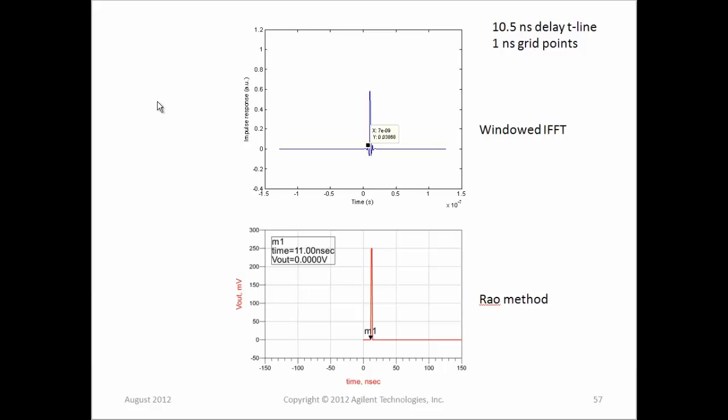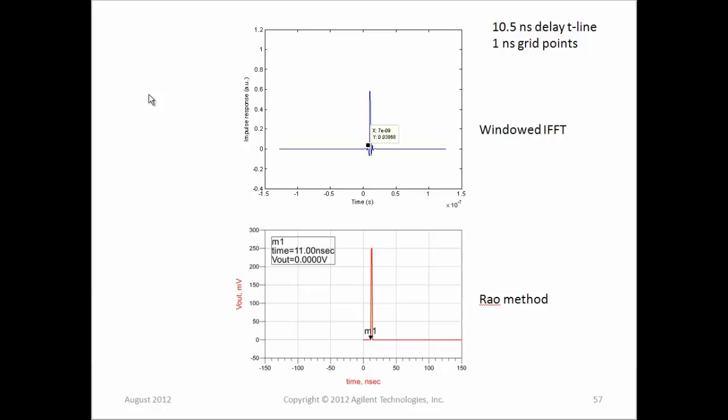So the extrapolated frequency response is now that of a causal system. We apply the IFFT to the much wider bandwidth of extrapolated frequency response, and we end up with this causal impulse response in the time domain. So that's how the methodology works.